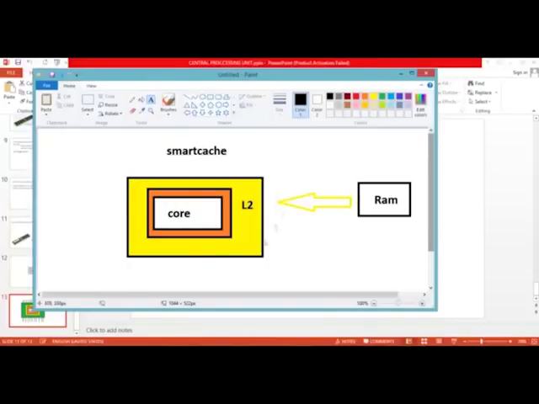L2, L3 cache này sẽ sử dụng một công nghệ, đó là công nghệ Smart Card. Công nghệ này như thế nào? Khi RAM vận chuyển 6000 MB lên CPU đang xử lý, thì trong 1 giây lúc CPU đang xử lý, L2, L3 cache này cũng sẽ yêu cầu RAM nạp lên tiếp bằng cách nó đoán mò. Ví dụ CPU đang xử lý công việc A.